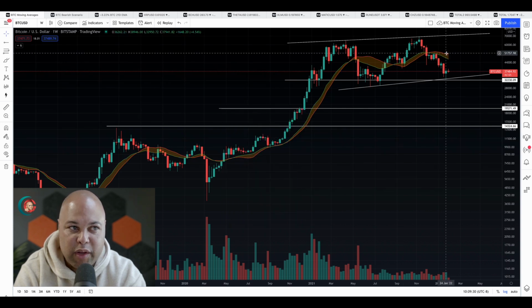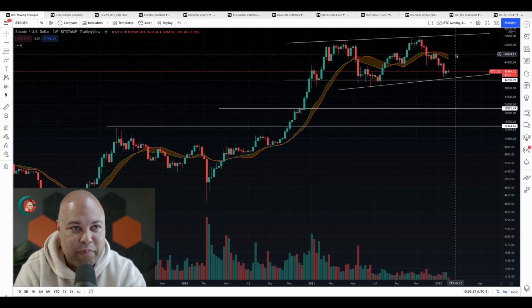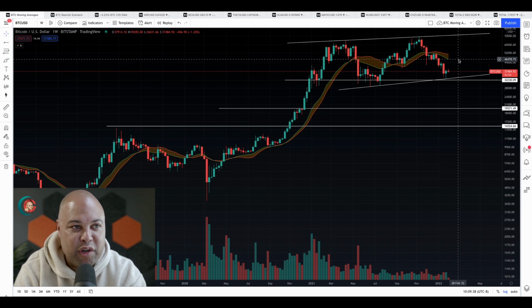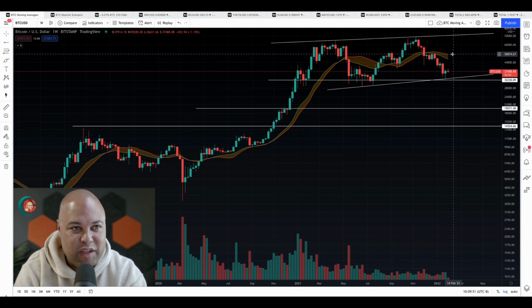So one is a 20-week, the other is a 21-week, and you notice that there's a range between the two of them. So the first line of resistance that we've got to get over in order to resume the bull run is the 21-week EMA, which is at 46,000, and the 20-week SMA is basically at 51,000.